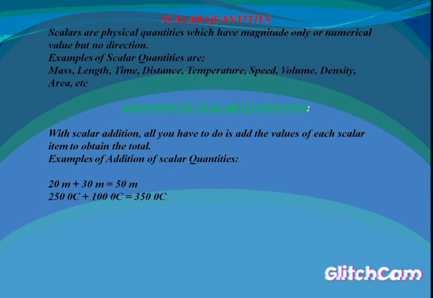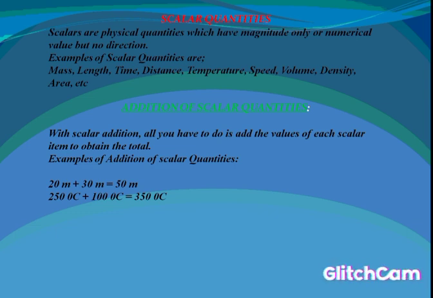Now, addition of scalar quantities. We can add scalar quantities by simply adding their values together. For example, we can add 20 meters plus 30 meters, that is a distance of 20 meters plus a distance of 30 meters. That will give us a distance of 50 meters because distance is a scalar quantity.